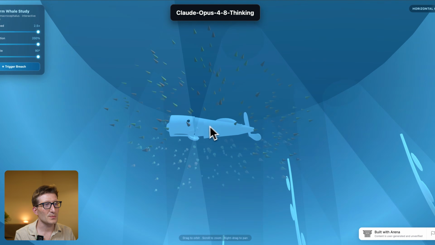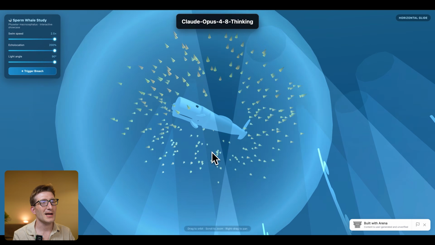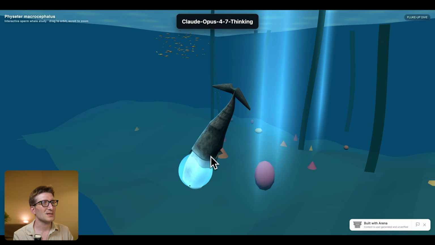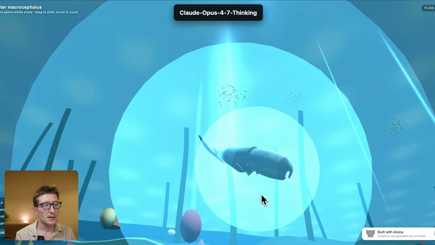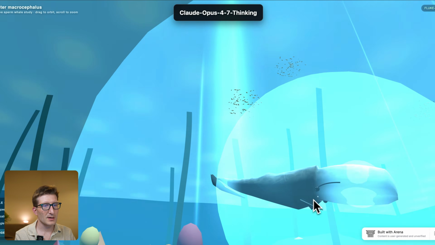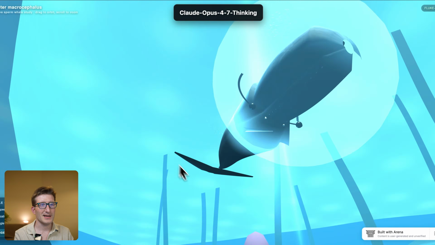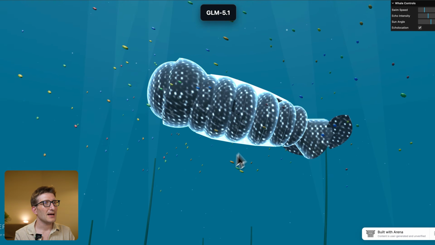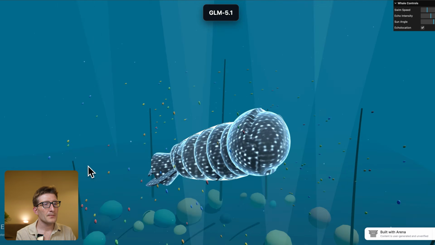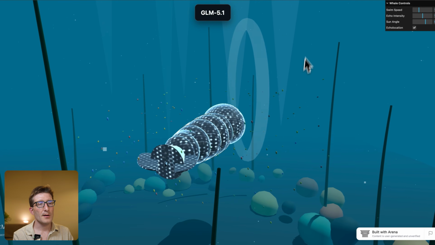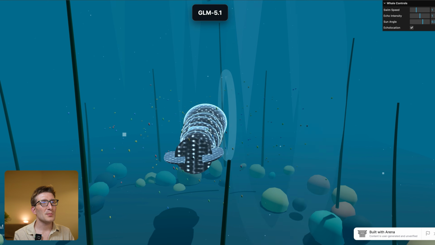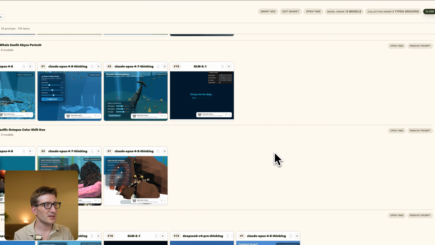Not that this is supernatural, but at least it's trying to do something. 4.7 thinking was actually quite a nice generation. In here I quite like the different patterns on the whale. I think that is quite cool. GLM 5.1, again for comparison, doesn't really look like a whale, but who knows, maybe a couple more generations, maybe it'll get there.